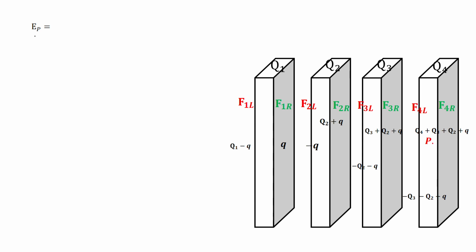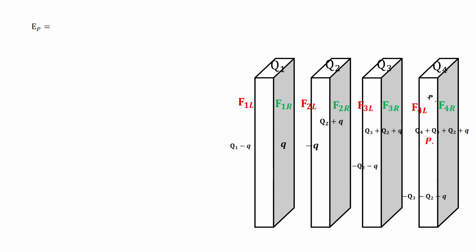So because of Q1 minus Q, if we consider any positive test charge over here, for the sake of visibility I am showing the charge at an upward position, but you can show it anywhere. So this is our positive charge, and because of Q1 minus Q it will push the charge towards right.